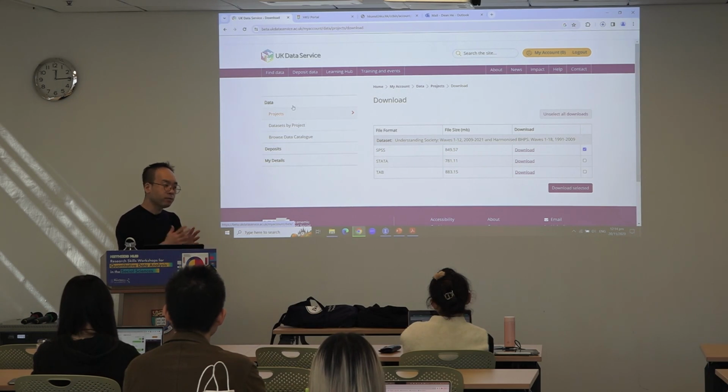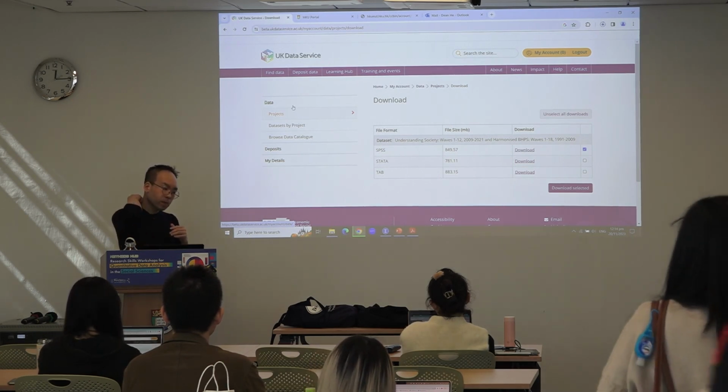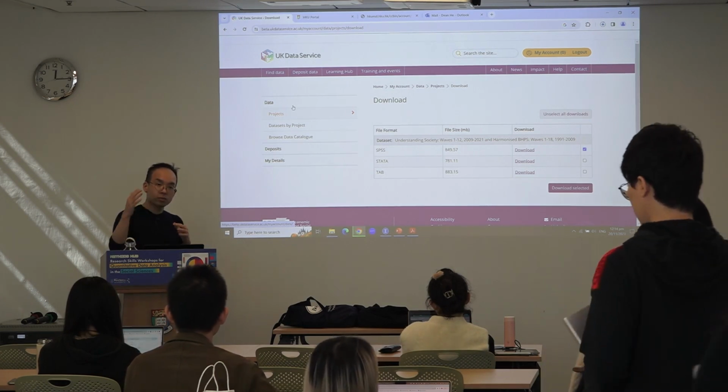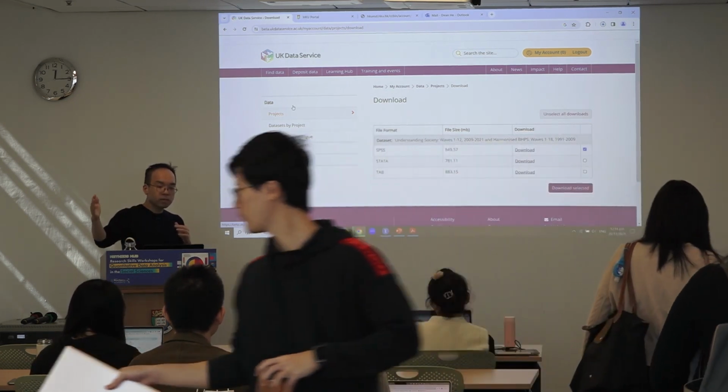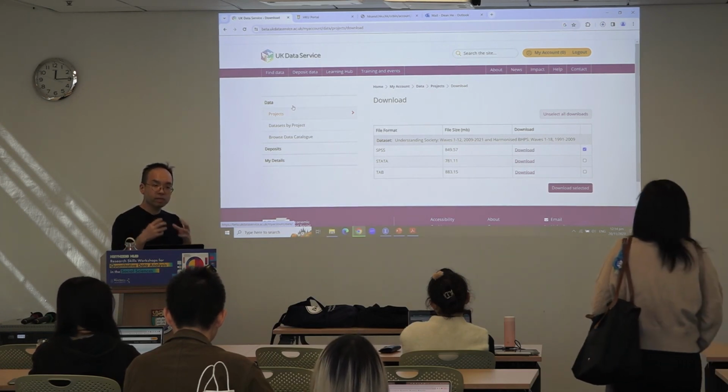So that was not something new I discovered, but I was pleasantly surprised that UK Data Service was actually introducing how you get connected to data sources from other countries, which is great.